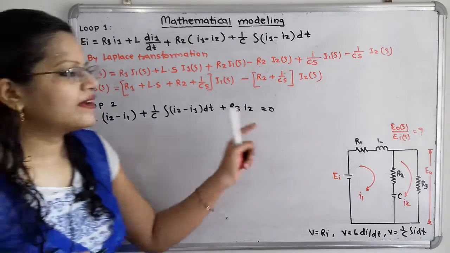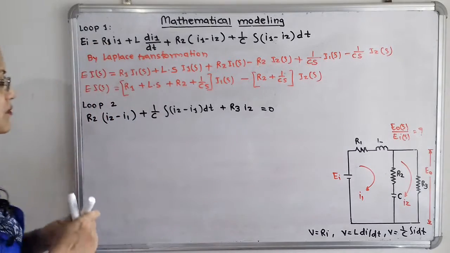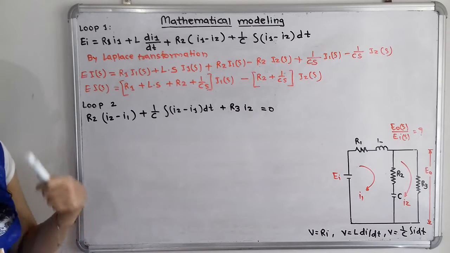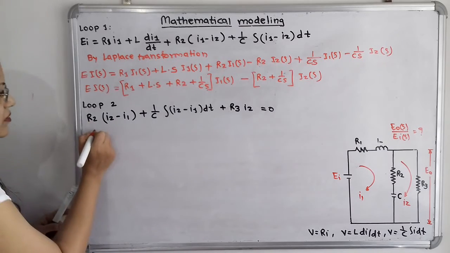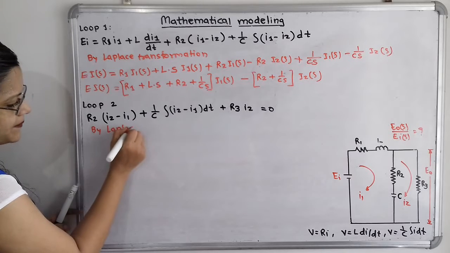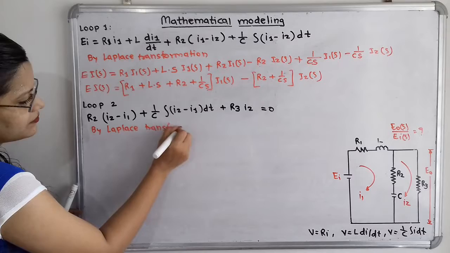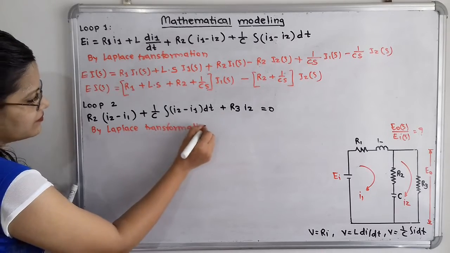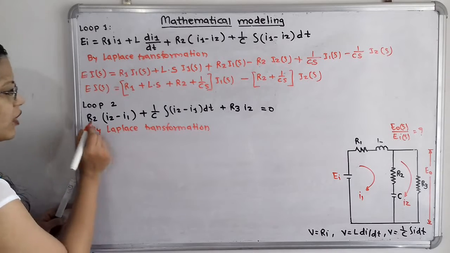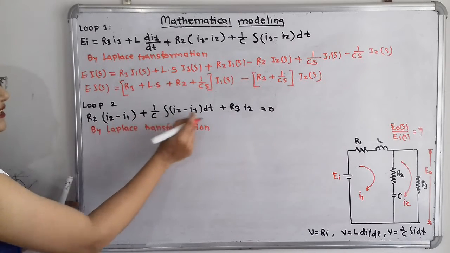Now I will take the Laplace transformation. So how to take the Laplace transformation? Instead of i I have to write I of S. So this is the differential equation. Now I will take the Laplace. I will multiply simultaneously these elements inside the bracket.